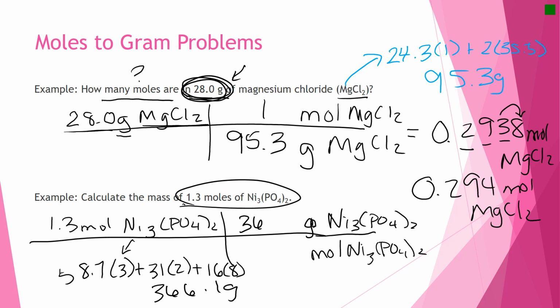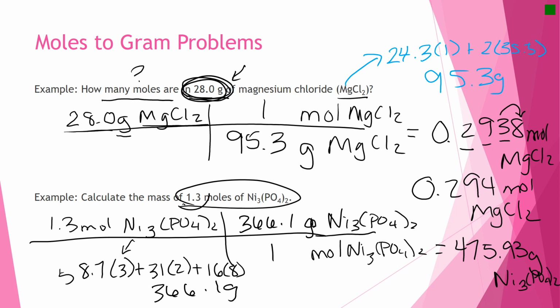So it's 366.1 grams over 1 mole. So now we're going to multiply 1.3 times 366.1 divided by 1, and we get 475.93 grams of Ni3(PO4)2.